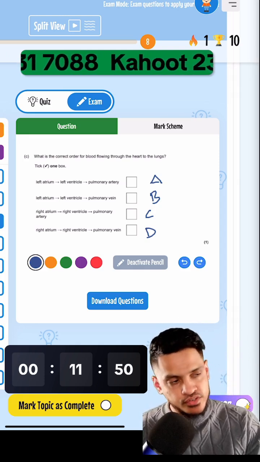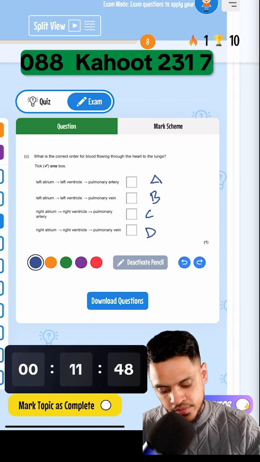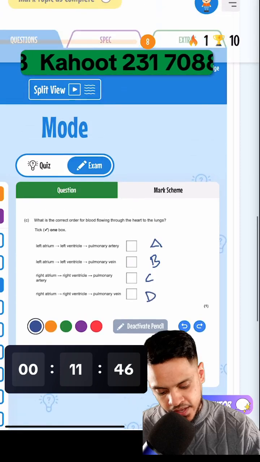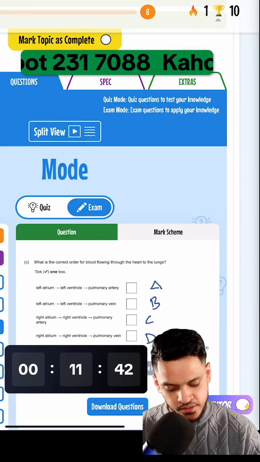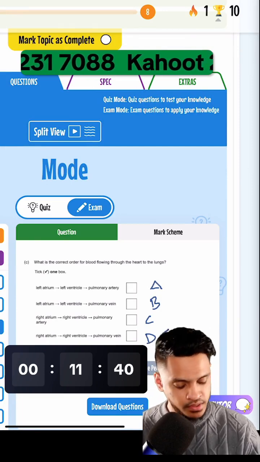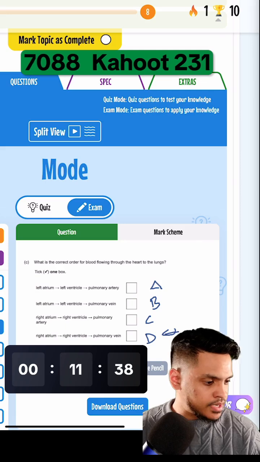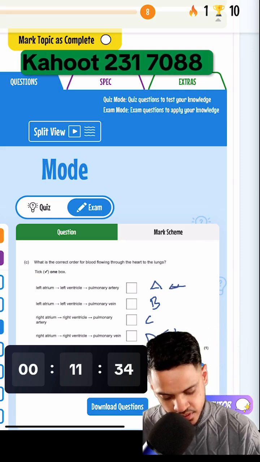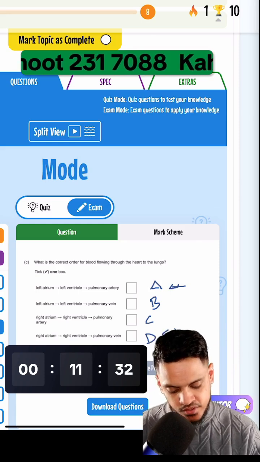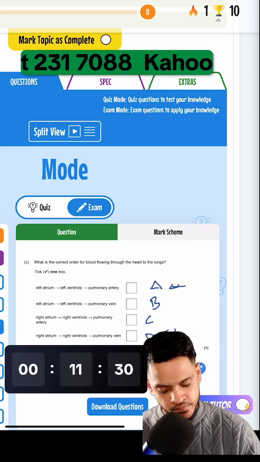So right atrium, right ventricle, pulmonary artery. Right atrium, right ventricle, pulmonary vein. Sorry, you're saying D, aren't you? Pulmonary vein. Anyone else? 2 other people are saying A is the right answer. Left atrium, left ventricle, pulmonary artery.